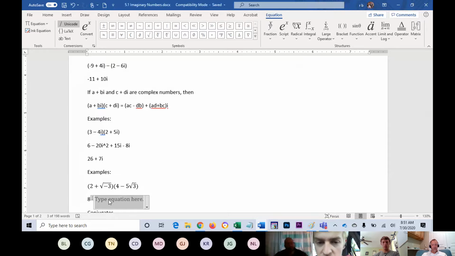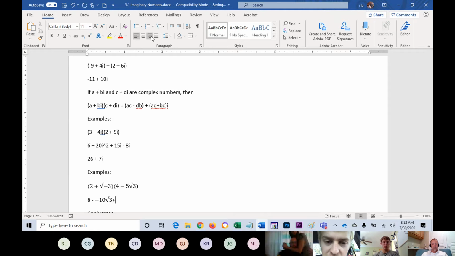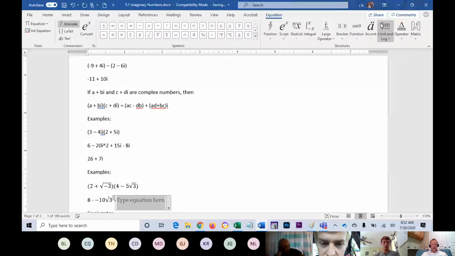Minus 10 square roots of 3 plus 4i square roots of 3, introducing the imaginary number here.